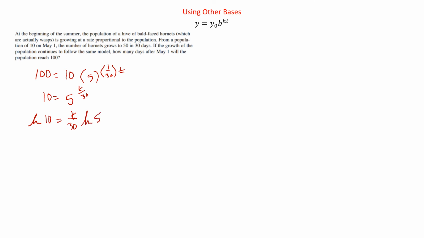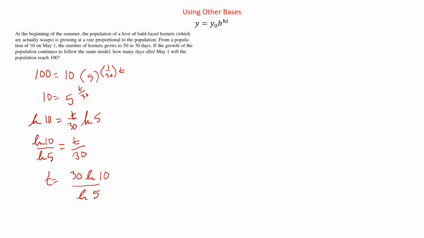Because the exponent comes out, we can divide by that natural log. Now, you cannot cancel those. Remember, it's natural log 10 divided by natural log 5. You've got to do natural log 10 and then divide by natural log 5. Equals t over 30, so let's multiply by 30. So t equals 30 times natural log 10 over natural log 5.